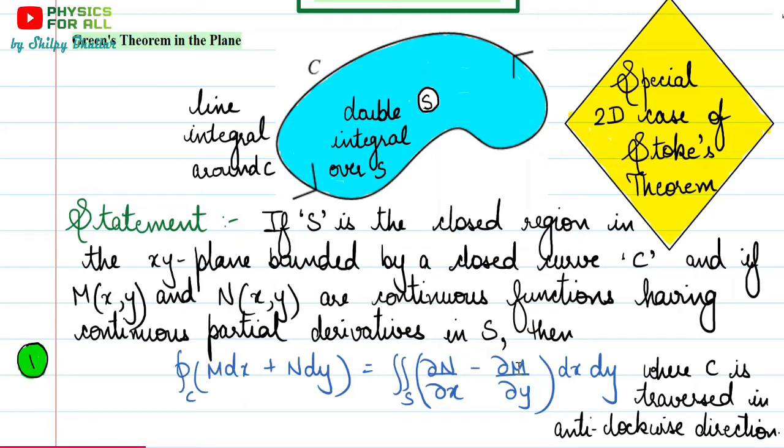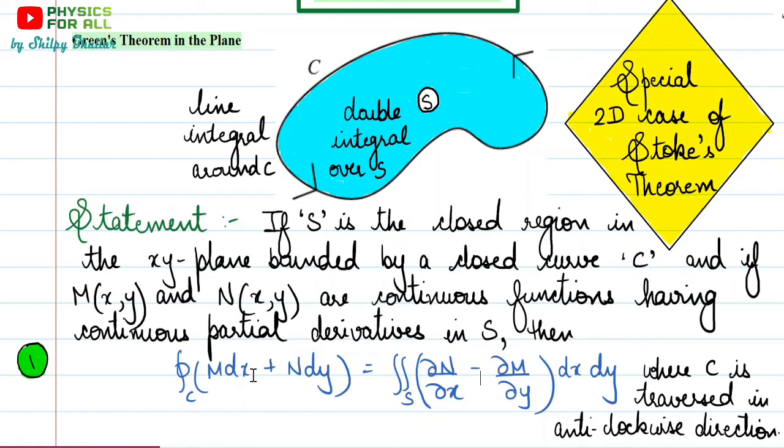So you can see that if we are talking of the xy plane and there is a curve bounding surface S and you have two continuous functions depending on the coordinates of that plane, so they should depend on x and y, then this is the relation.